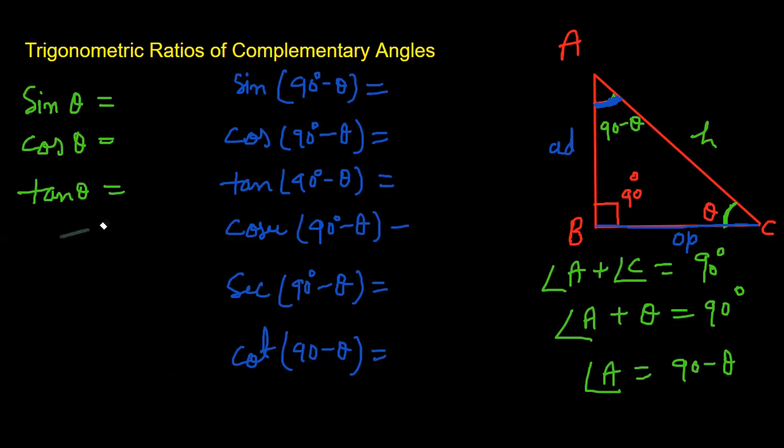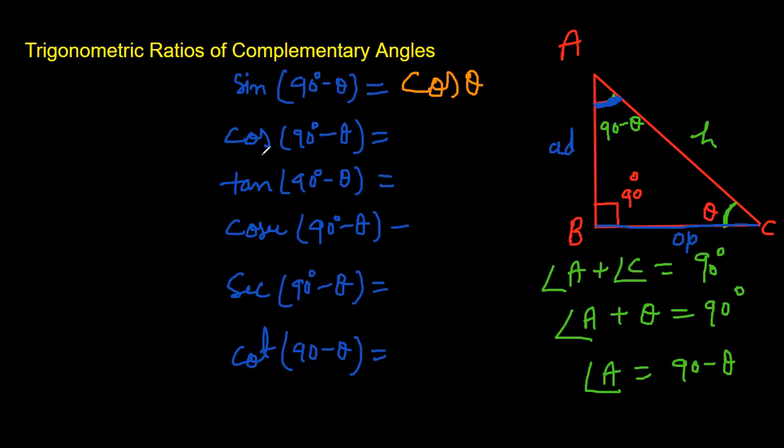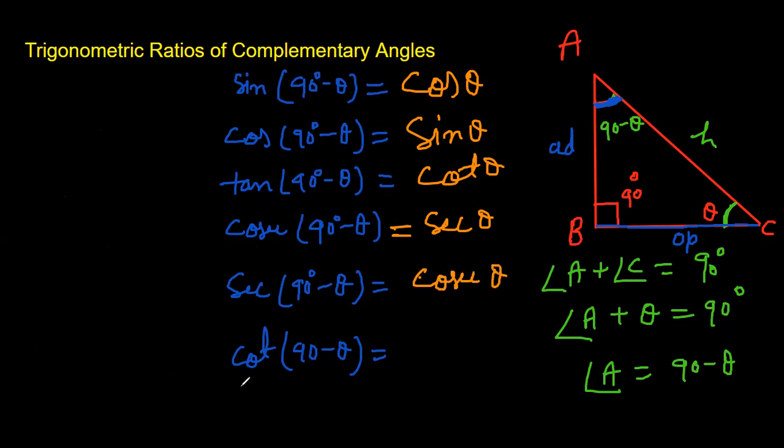We can rewrite these all, and we can say sine of 90 minus theta is going to be cos theta. Cos of 90 minus theta is sine theta. Tan of 90 minus theta was the same as cot theta. Cosec of 90 minus theta was the same as sec theta. And sec of 90 minus theta was cosec theta. And cot of 90 minus theta was tan theta.